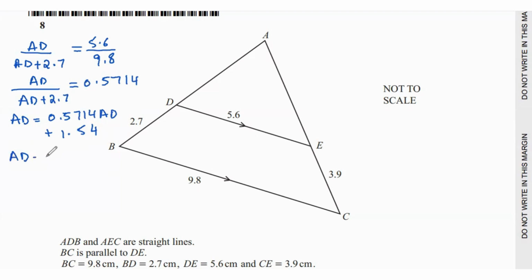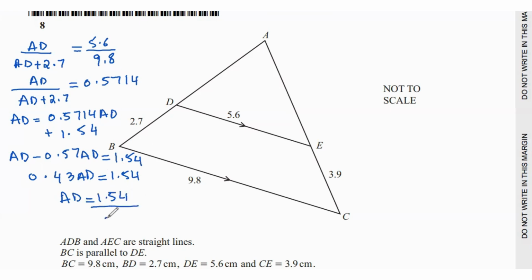So AD minus 0.57 AD, I'm going to remove the decimal places, equals to 1.54. So that's going to be 0.43 AD equals to 1.54. AD equals to 1.54 over 0.43, which is equal to 3.6 centimeters as asked in the question.